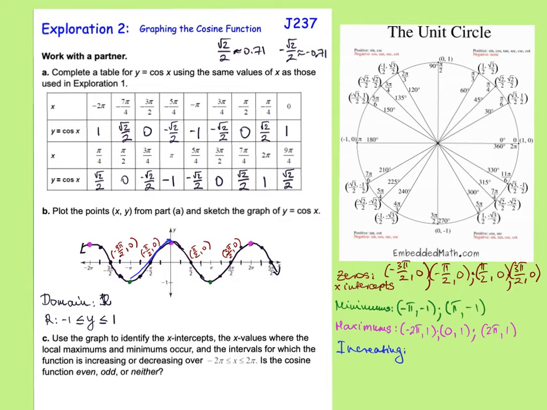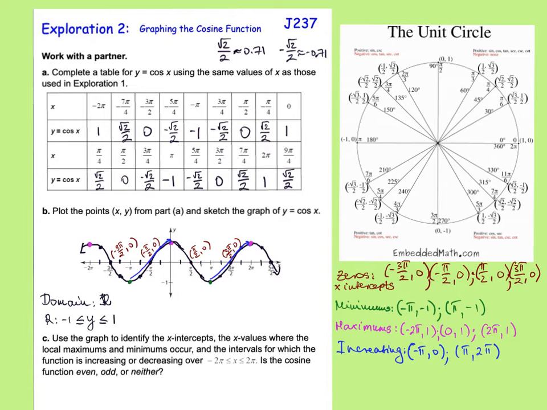So it's increasing on the interval of open parentheses, which is -pi to 0. And then it's also increasing from pi all the way to 2 pi. So pi to 2 pi. And again, I'm doing this in interval notation.